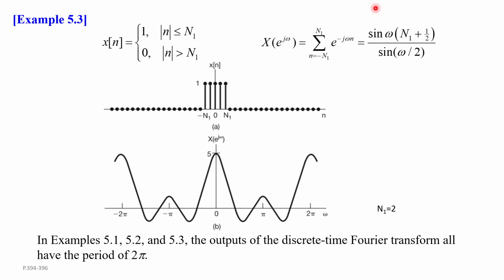You just need to do some work to show that they are in the form of this sin omega over sin omega. And that's once again using our favorite Euler relationship, where e to the plus j omega minus e to the minus j omega is about sine omega.